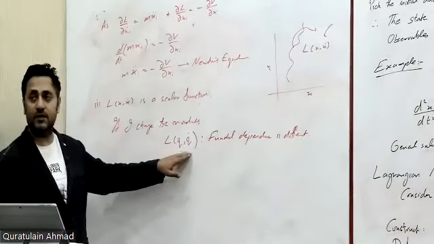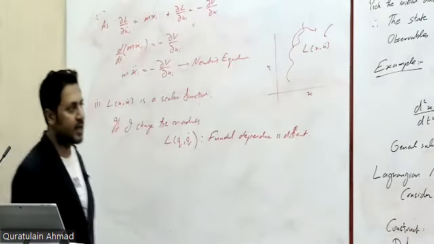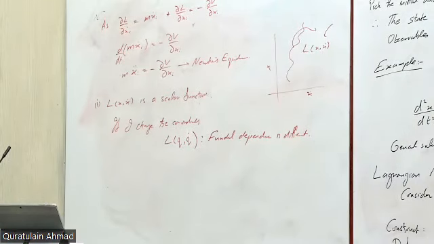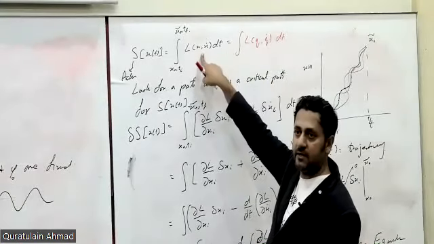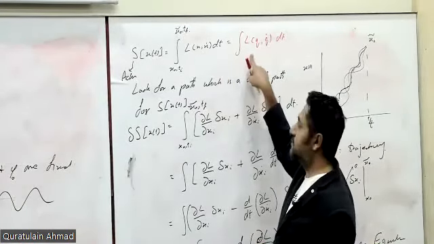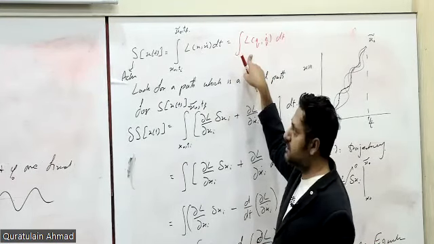But on top of this, if I change the coordinates, the path doesn't care which coordinate you are writing it in, it's the actual path. So I plug it in here, this changes into this form, which is different than that, but it's the Lagrangian of the same system in new coordinates.